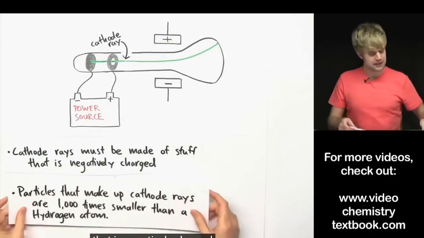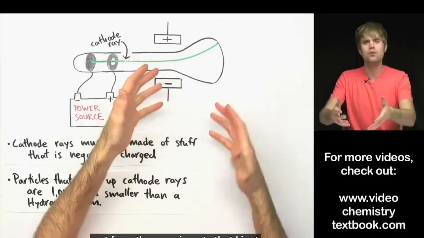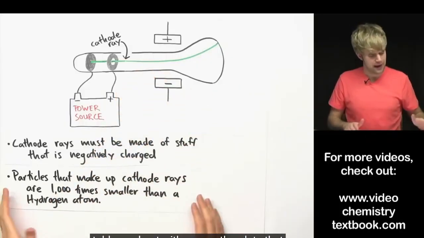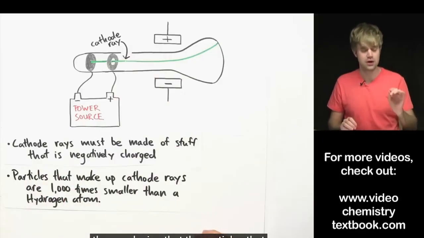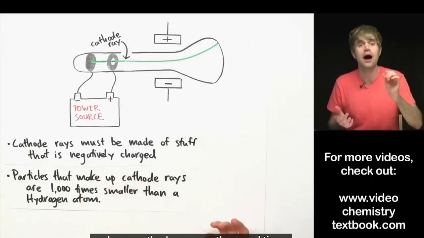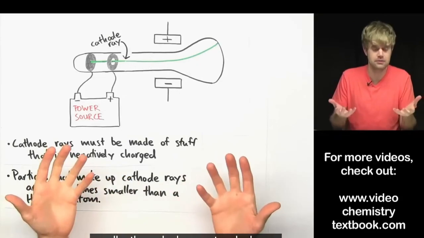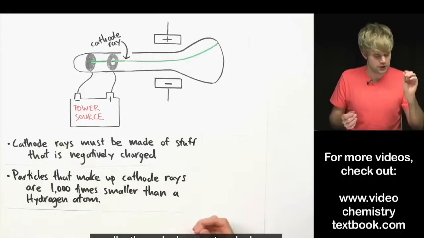He combines the information that he got from the experiments that I just told you about with some other data that he collected. And he's able to come to the conclusion that the particles that make up cathode rays are 1,000 times smaller than a hydrogen atom. Hydrogen atoms are the smallest atoms. Okay, so now how did he do that? We're not going into that here. He did some other experiments and he figured out these particles are 1,000 times smaller than the hydrogen atom.